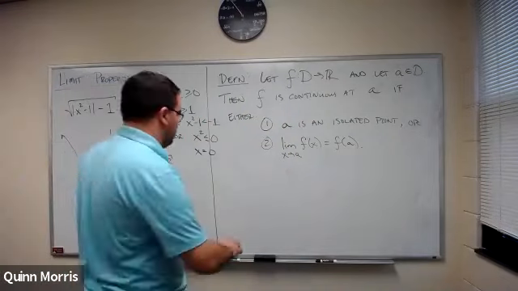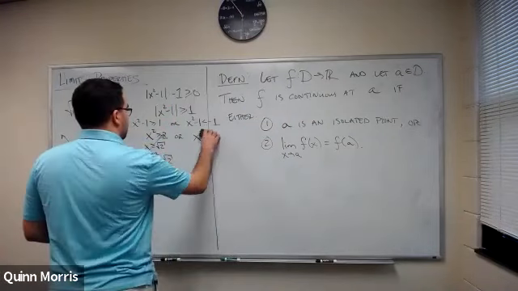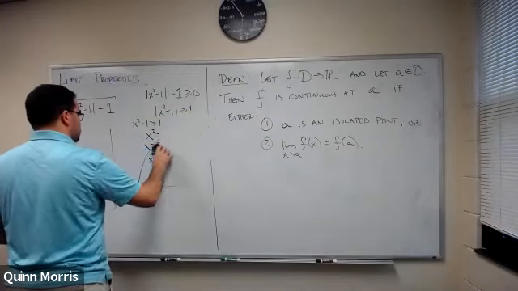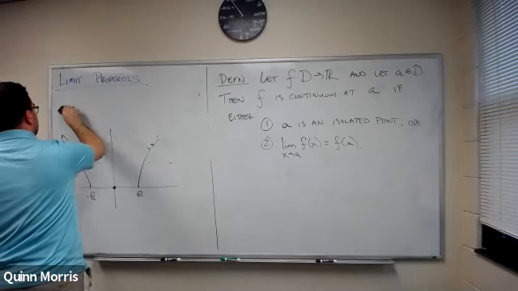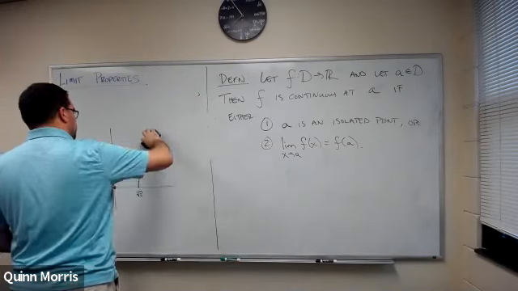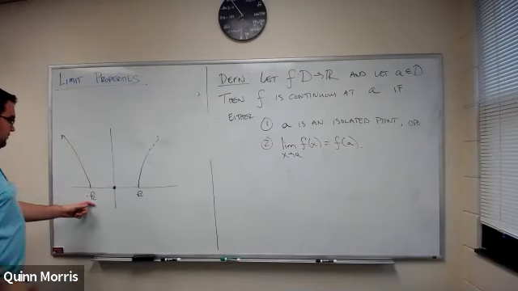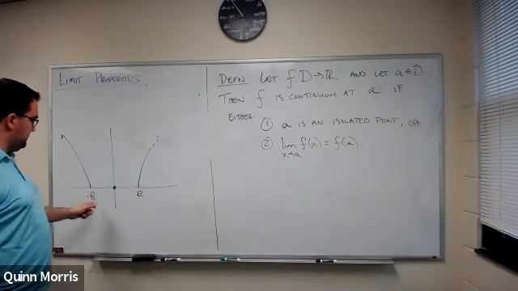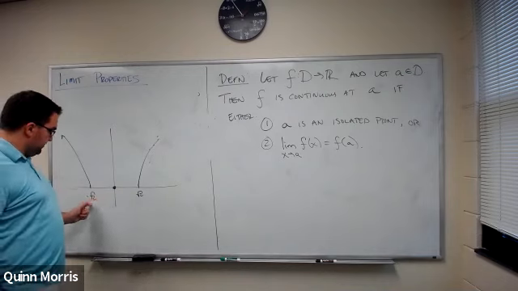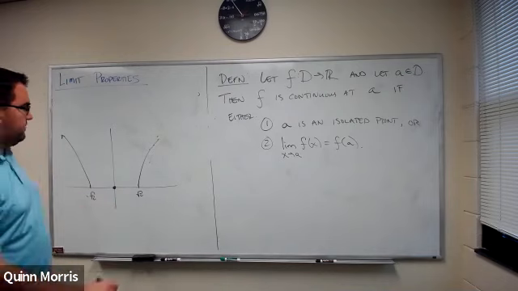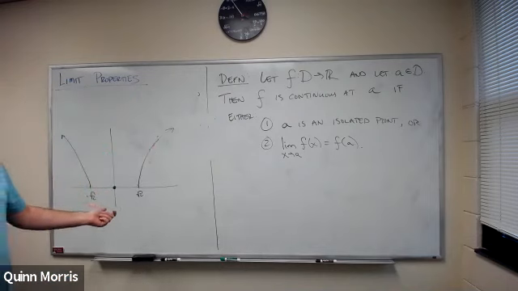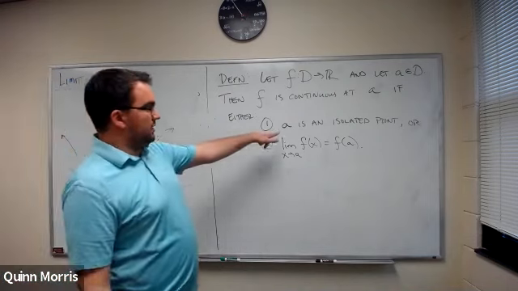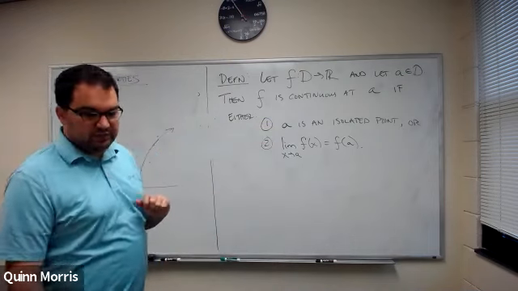Okay, so let's look at some examples then. Let's go back to this example. We already agreed that we were good from negative infinity to negative square root of 2, and from square root of 2 to infinity. But then what about at 0? Now at 0, 0 is an isolated point of the domain, so my function is continuous there.